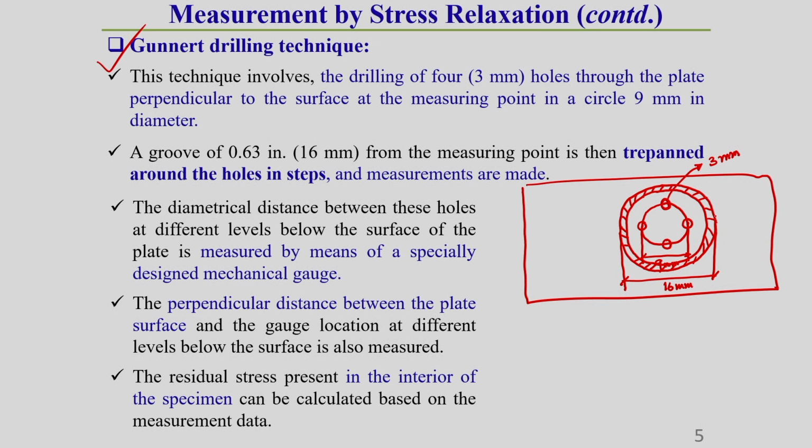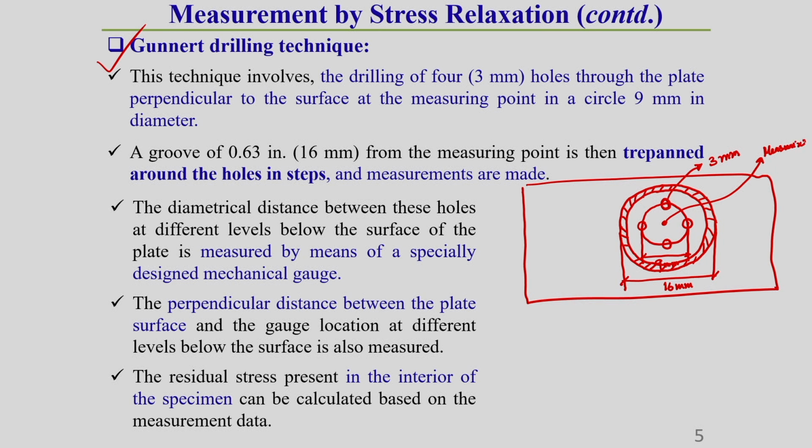This trepanning operation is generally done sequentially. Sequentially means we have to go through the thickness step by step, trepan that portion and make the groove. So, the center of this 9 millimeter circle, or you can say 16 millimeter circle, this center is called the measuring point.